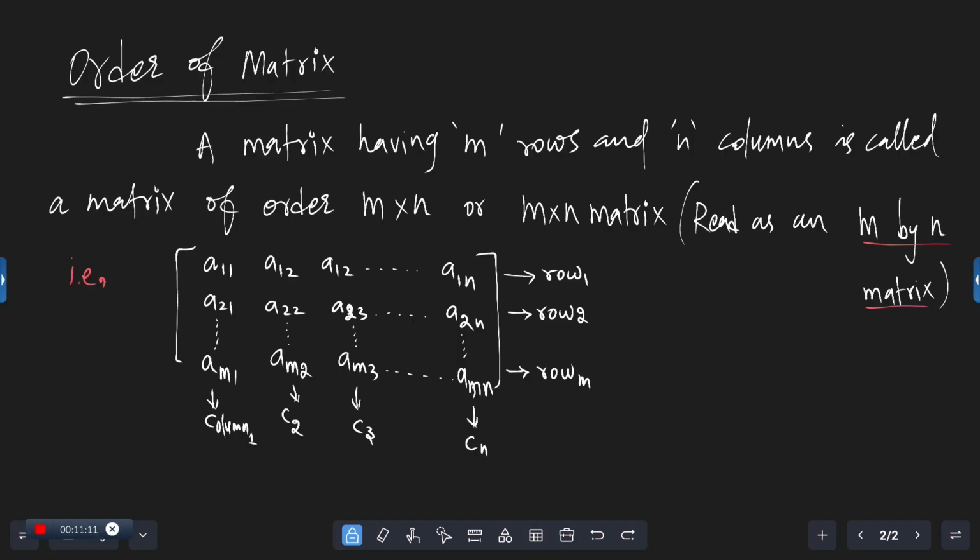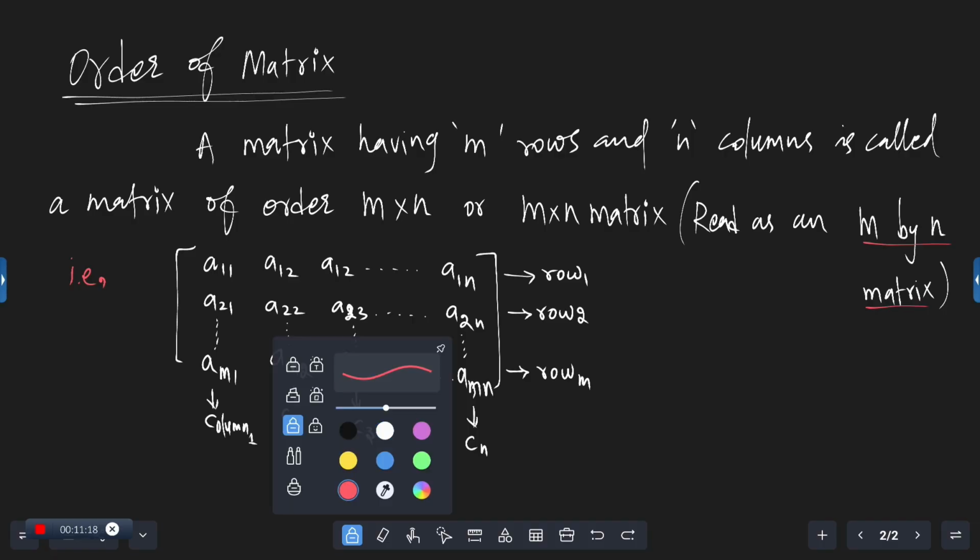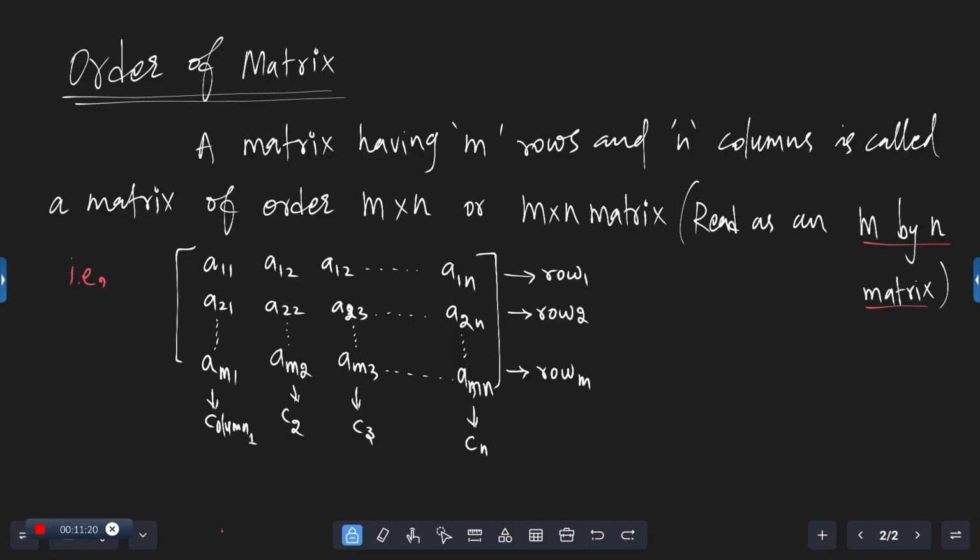Order we have to mention when writing the matrix. Order means first the rows, then the columns, so m by n, very neatly.